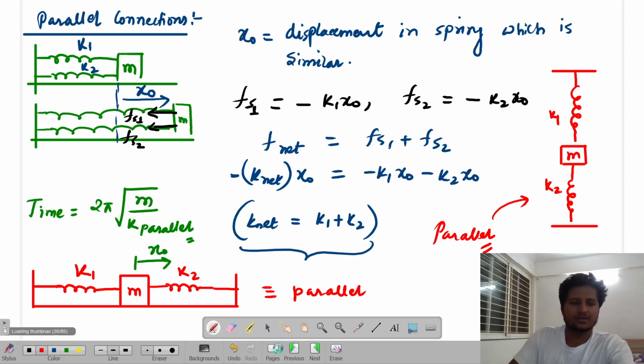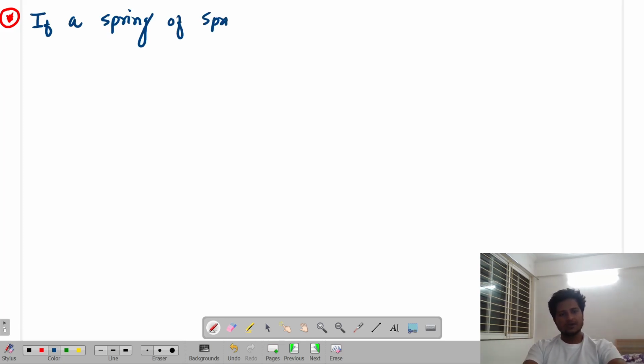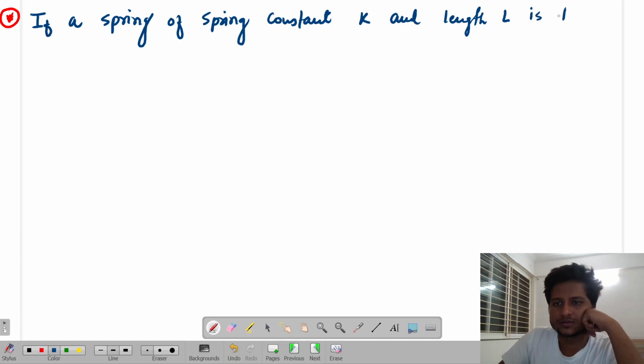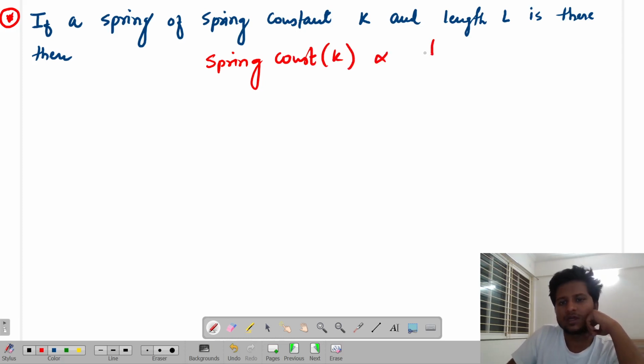You know that if we cut the spring, let's suppose a spring of spring constant k and length L is there, then what is the relation? The spring constant k is inversely proportional to the length of the spring, that is, k is proportional to 1 by L. Are you able to get me or not?